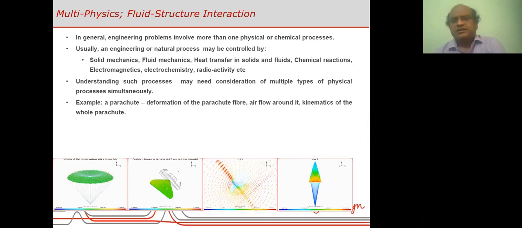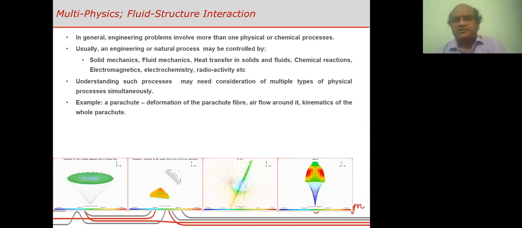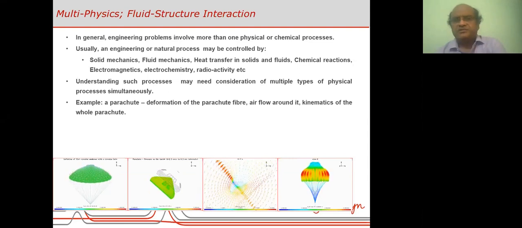And at the same time, it affects the fluid flow, air flow around it. So there is a two-way coupling between these problems. So this problem cannot be solved in isolation. It may have to be solved in a coupled manner. When we study this problem, we have to consider both the structural deformation and also the fluid flow around it.